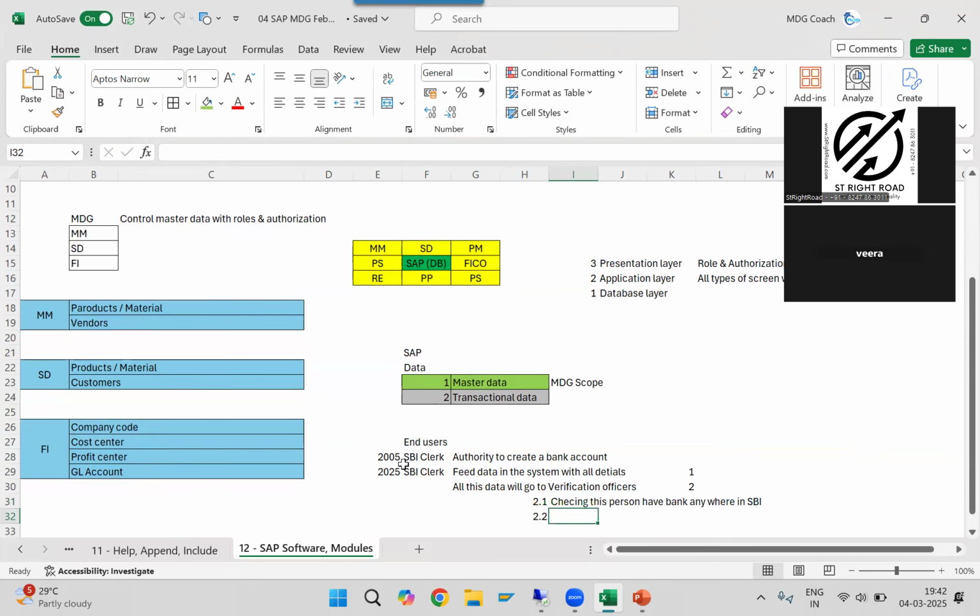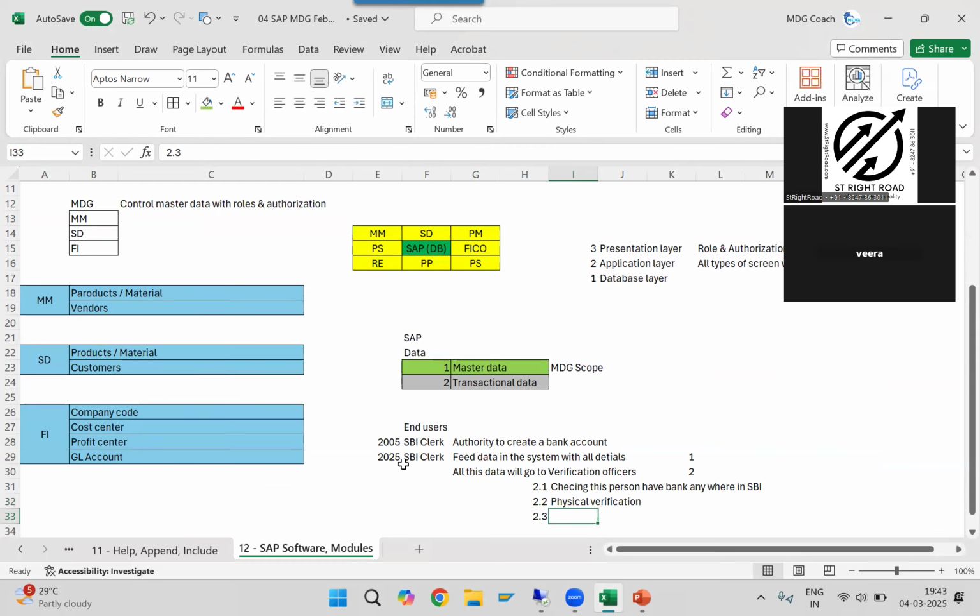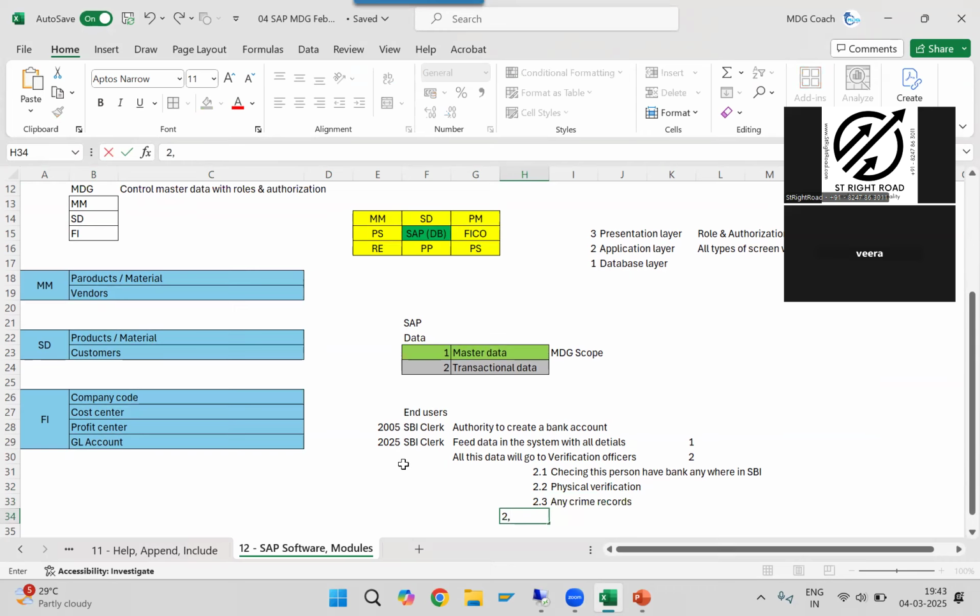The second check they do is physical verification. The third check is any crime records. The fourth check is whether they have any other bank accounts, though this is not in their scope.